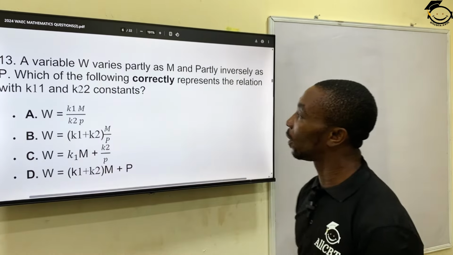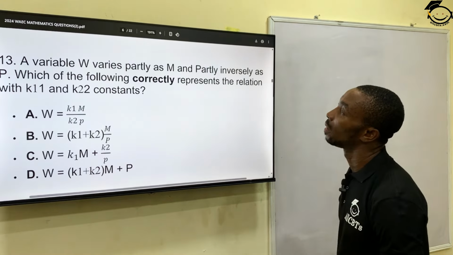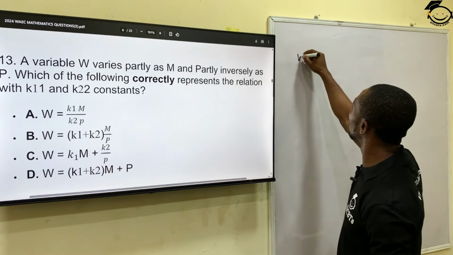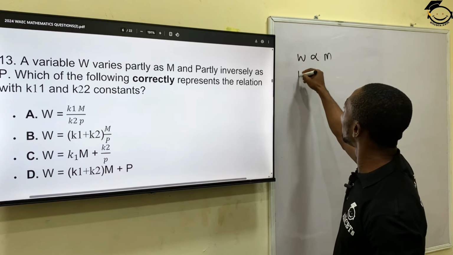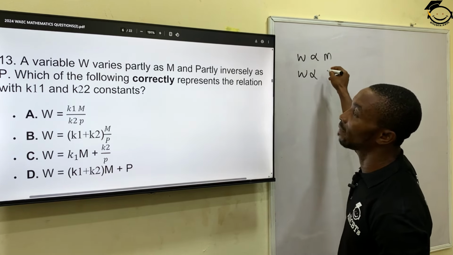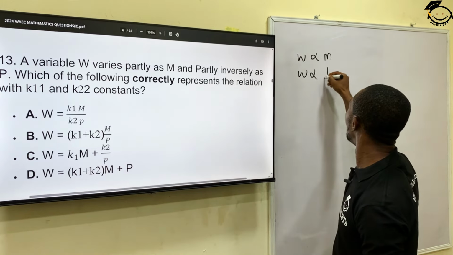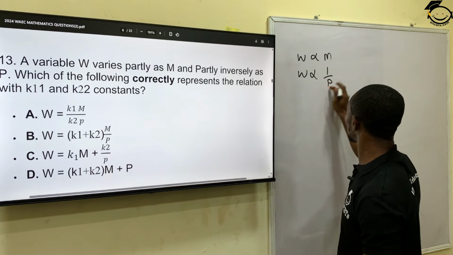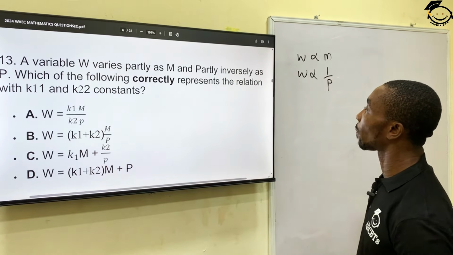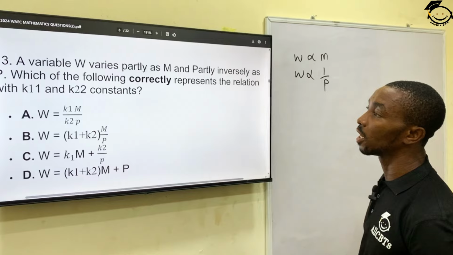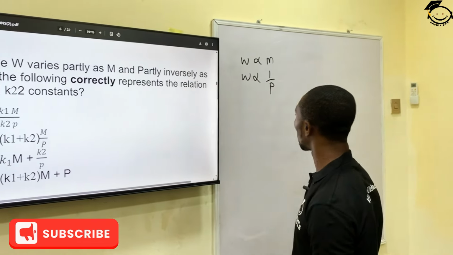A variable w varies partly as m, and partly also inversely as p. Now, it says which of the following correctly represents the relation with k1 and k2 constants.